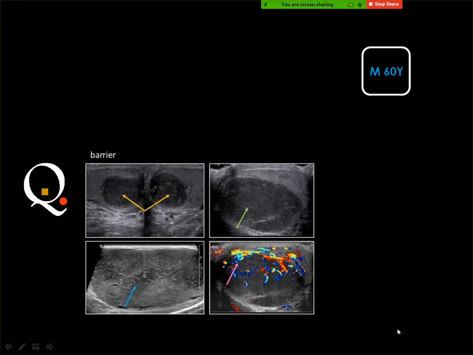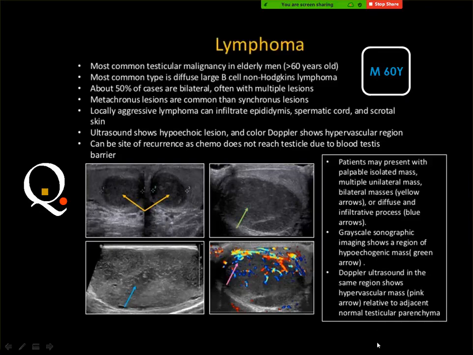Then what do you think? Consider that the age is very important. This is bilateral testicular masses. Seminoma? Consider the age of the patient. Lymphoma. Yes, lymphoma. You know that seminoma is a tumor of relatively young age, around 30 or 40 years of age.